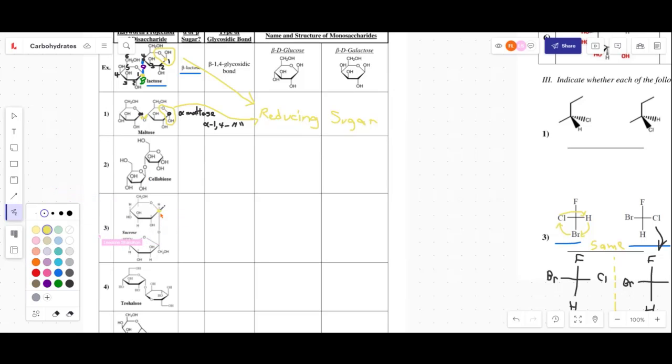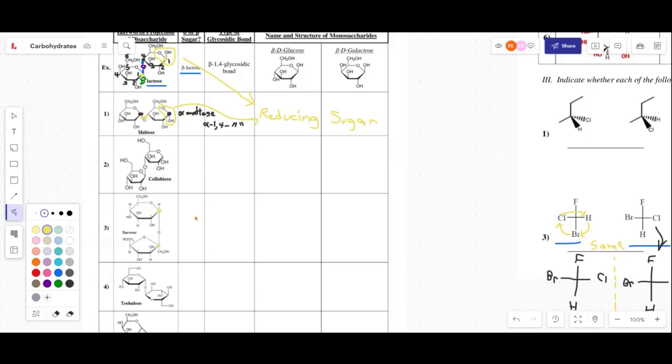So here's an anomeric carbon. Where's the other one? There you go. Both of those carbons are connected to 2 oxygens. Now, this is interesting because both of the anomeric carbons are connected to each other.